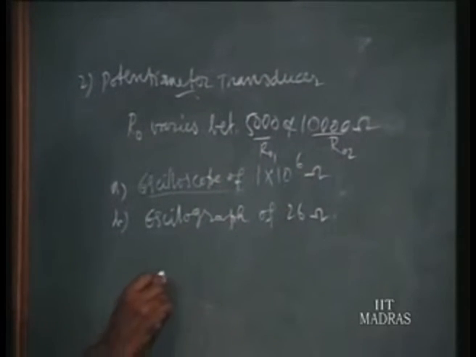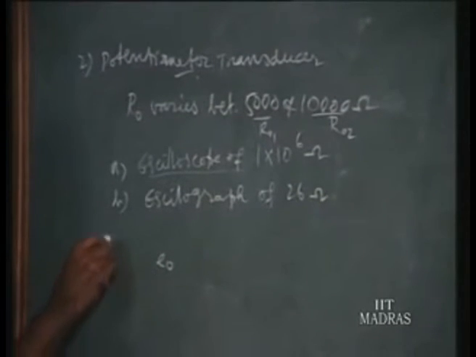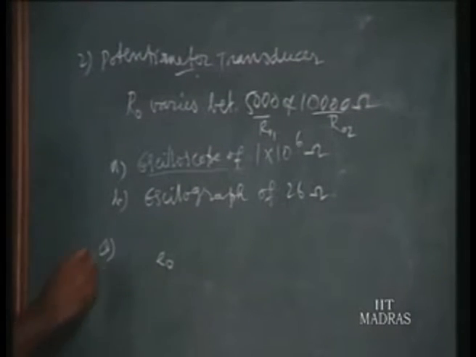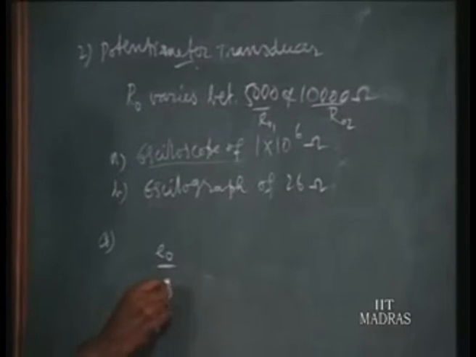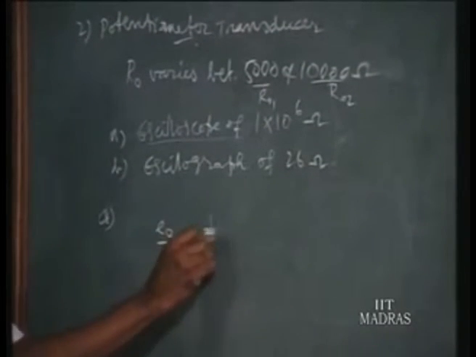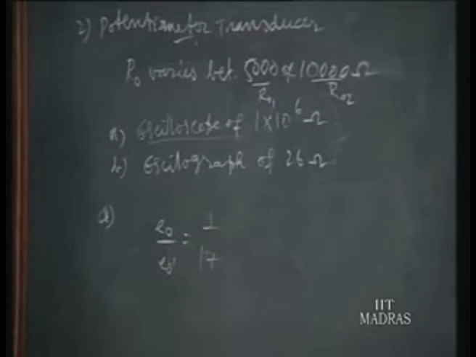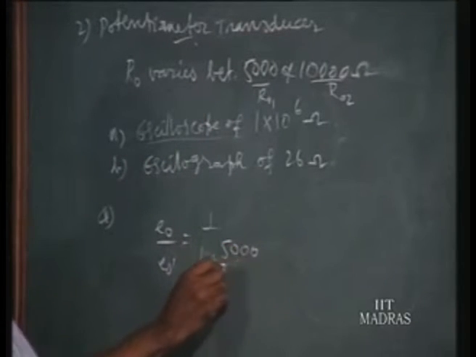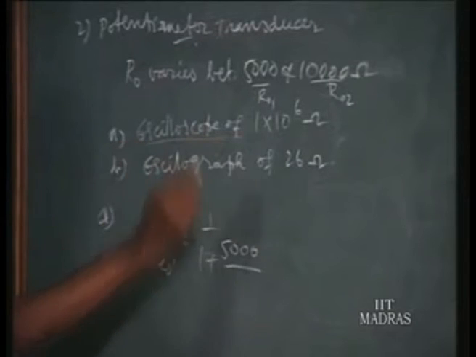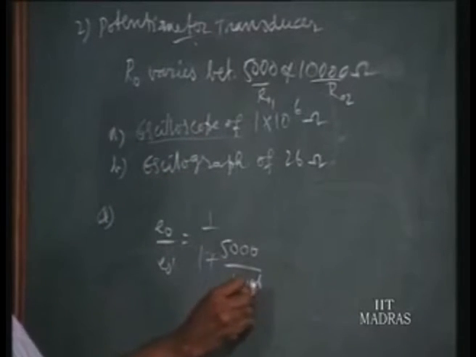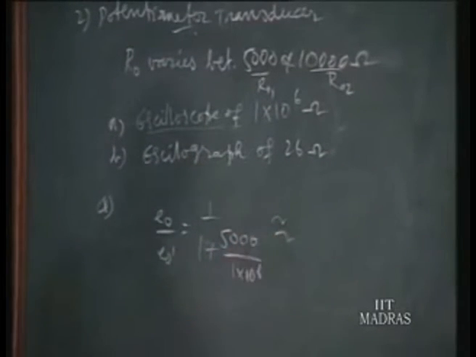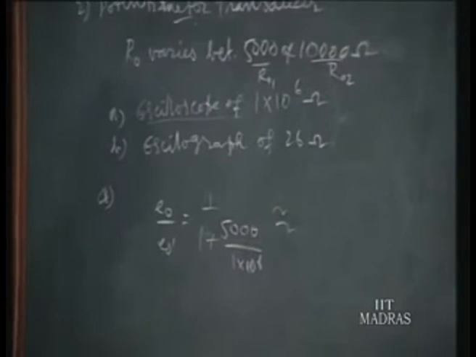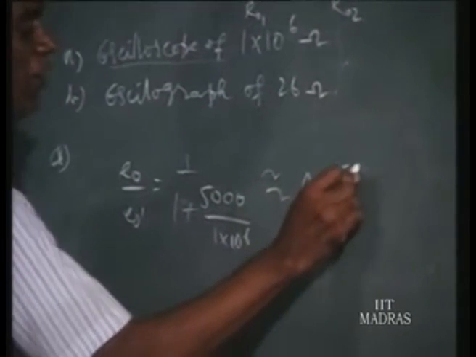Now take instrumentation A: EO by EO dash is equal to 1 over 1 plus Z over RO. RO is now say 5000, and then Z is 1 into 10 to the power 6. So this is about 0.995.